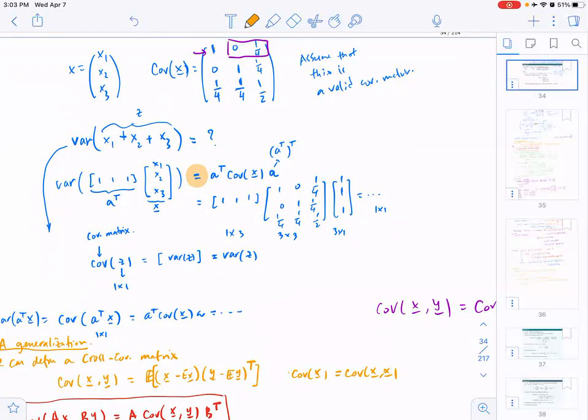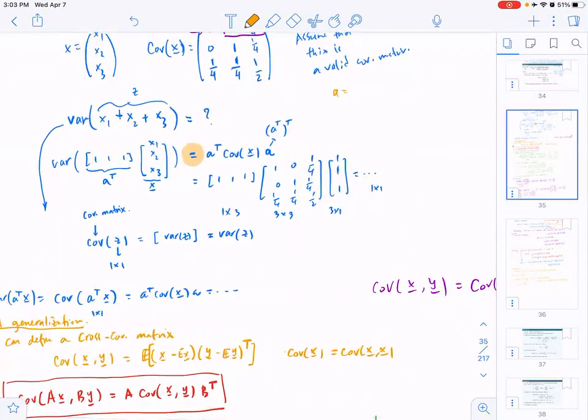Being positive semi-definite only gives you that the diagonals are non-negative. It doesn't tell you about the off-diagonal elements, and this is not enough. So this is necessary, but not sufficient. And the way to see that the diagonals have to be non-negative is to take a transpose to be, let's say, 1, 0, 0. Then a transpose Cov X a has to be non-negative, and this would just pick the first element.